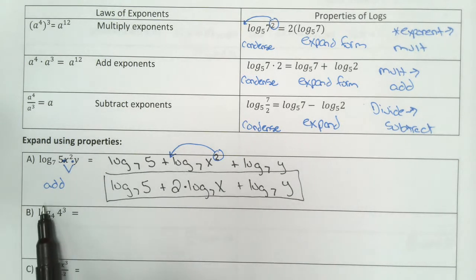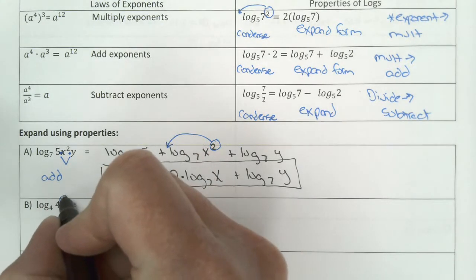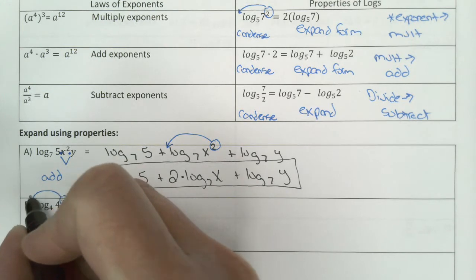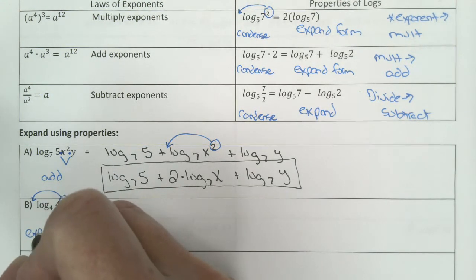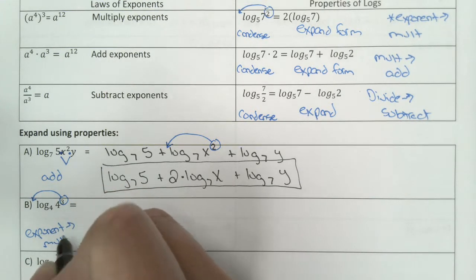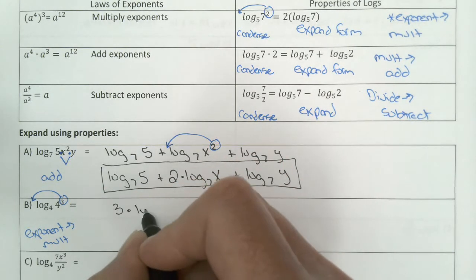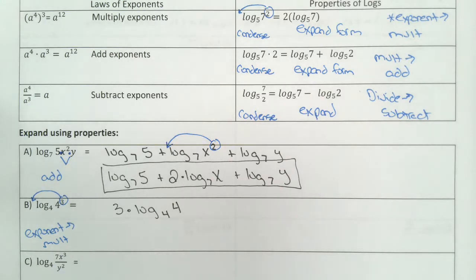All right, so we have log base 4 of 4 to the third power. So the first thing I'm going to do is I'm going to move my exponent. So the exponent moves and it becomes multiplication. So I have 3 times log base 4 of 4.